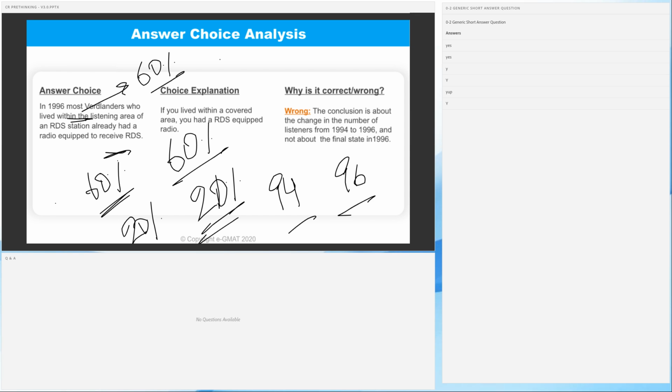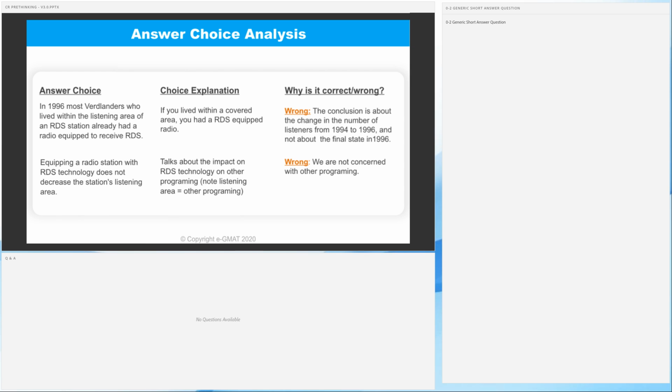Is that 60% must be true? Is that 60% required? The answer is no. It's not required. It's not must be true. Why? Because the conclusion is about the change in number of people or listeners from 94 to 96. It's not about how many people had the radio in 94 or in 96. Is that clear?